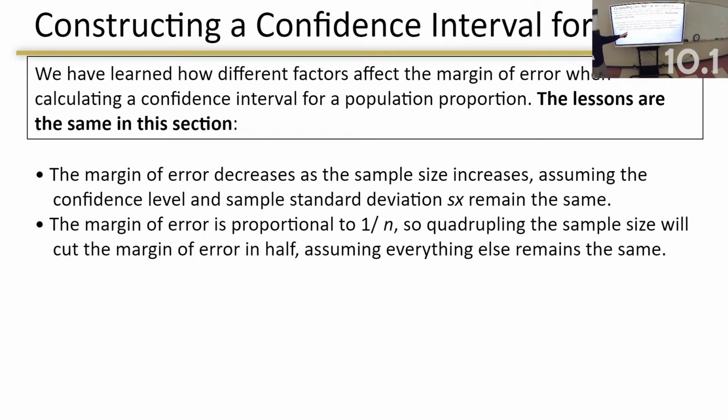The margin of error is proportional to 1 over the square root of n, right? I couldn't do a square root symbol. So if you increase it 4 times, it's going to cut the margin of error in half, right? Don't forget these type of things. So it's proportional to 1 over the square root of n. Quadrupling it will cut it in half.